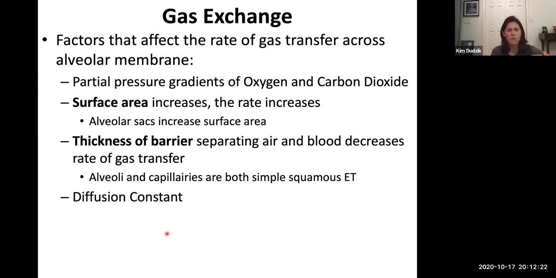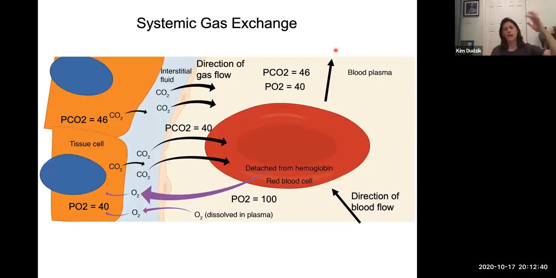So don't worry too much about the diffusion constant. You need to understand pressure, surface area, and the thickness of the exchange barrier, and how they can affect the rate of transfer for gases. Okay, so that's what happens in the pulmonary circuit between the alveoli and the capillaries.